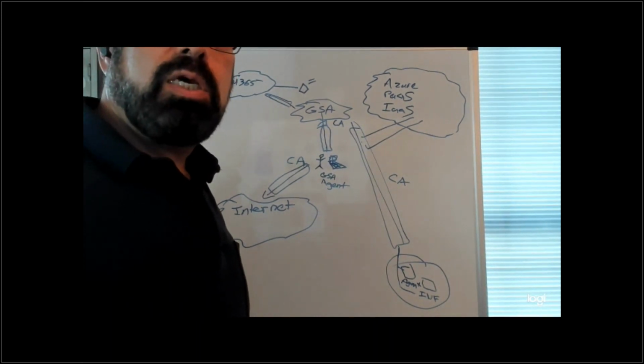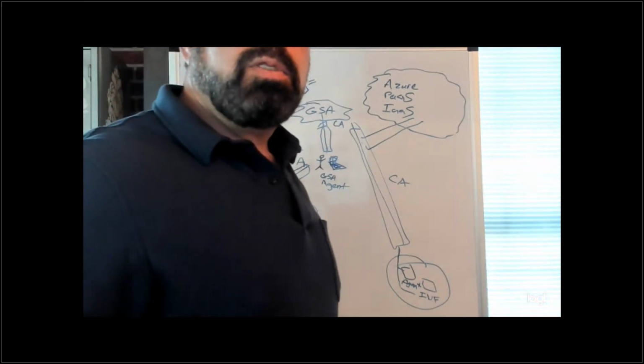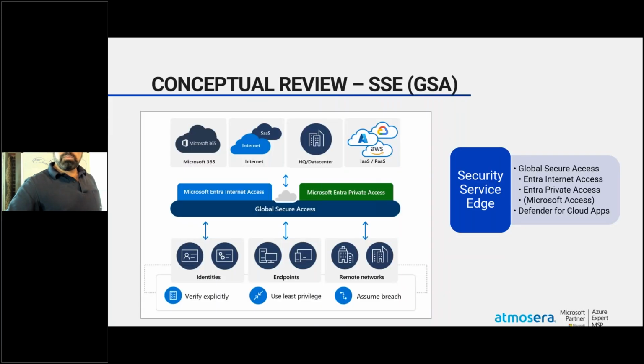Let me just look at my list and make sure I didn't leave anything out. I think I'm good. Let me go ahead and reshare the screen. So now, going through that, I've actually leapt past why you have SSE offerings to look at Secure Service Edge directly and the pieces of it.